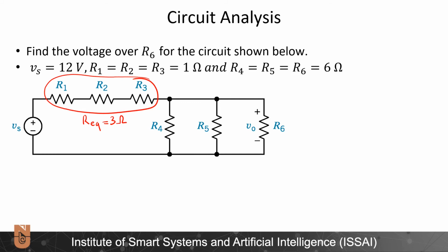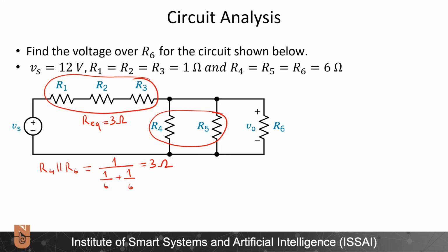R4 and R5 are 6 ohms and they are in parallel, so I can reduce these two by finding the R4 in parallel R5, and this will be equal to 1 over 1 over 6 plus 1 over 6. If the resistance values are equal, then I can simply divide them by 2, so the result will be 3 ohms.